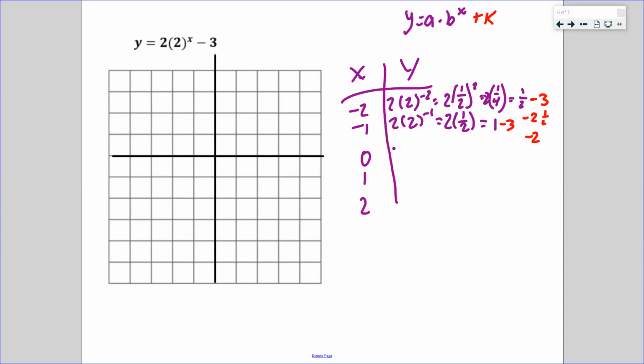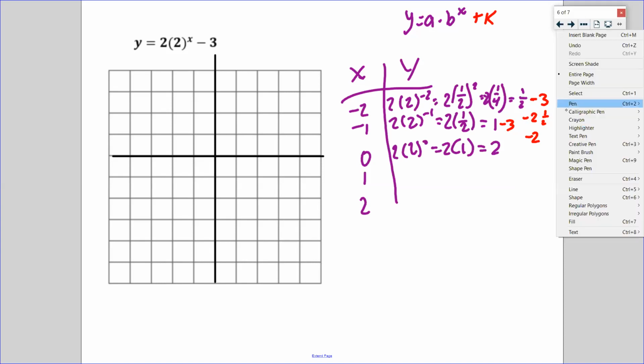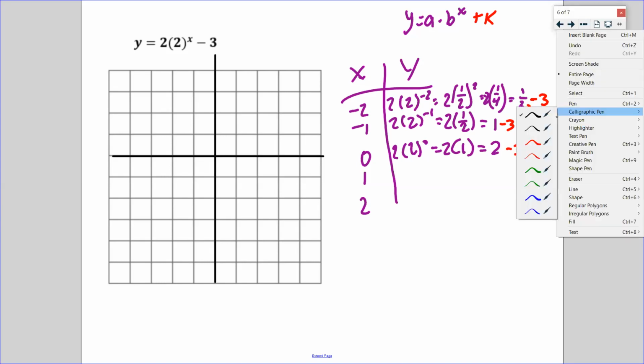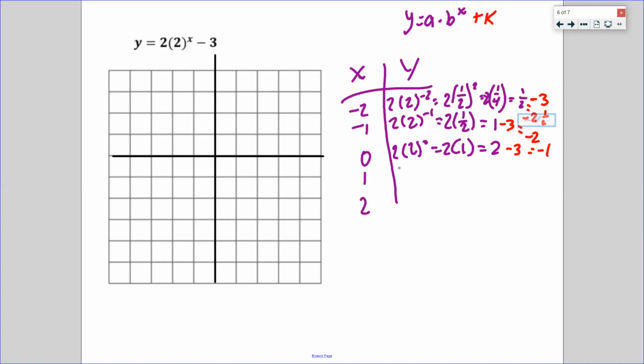Let's see. 2 times 2 to the 0 power. Anything to the 0 power is 1. 1 times 2 is 2, but then we're going to subtract 3 from that. And you get that 2 minus 3 is -1. Two times 2 to the first.